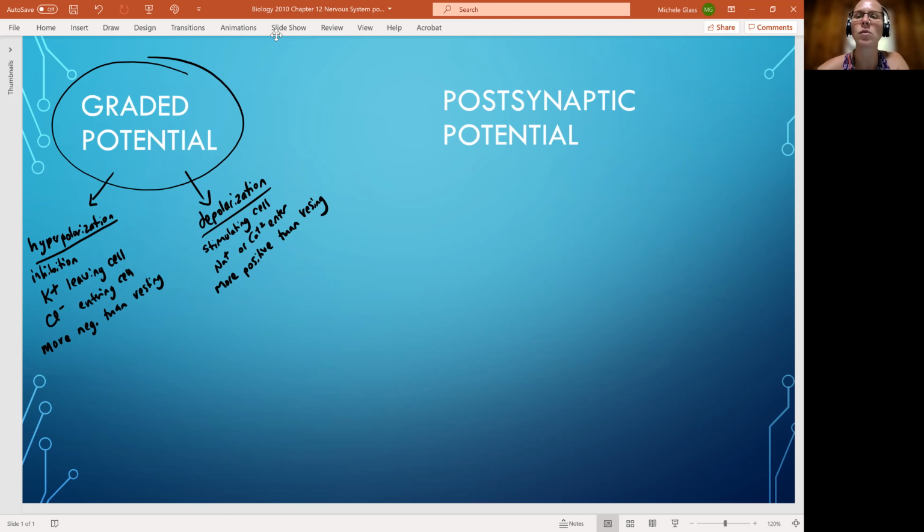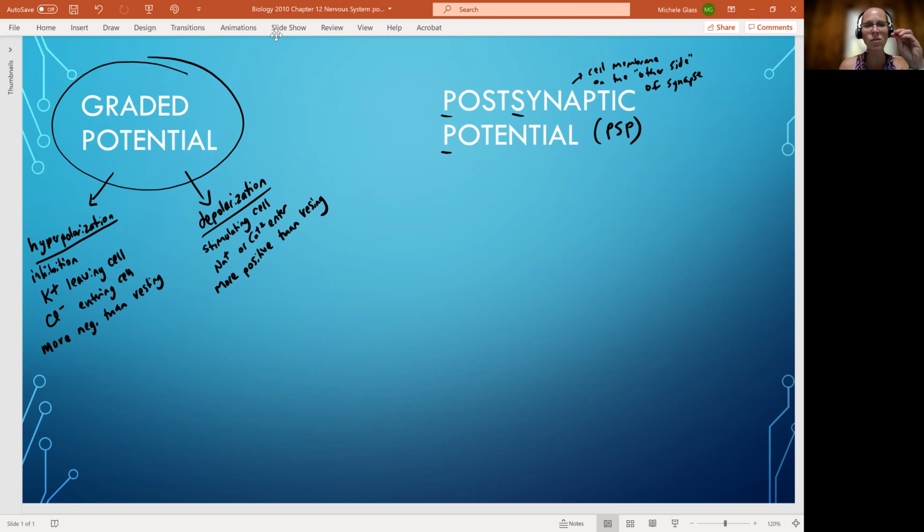That takes us to what we call the postsynaptic potential, or PSP for short. Postsynaptic is talking about the cell membrane on the other side of the synapse.